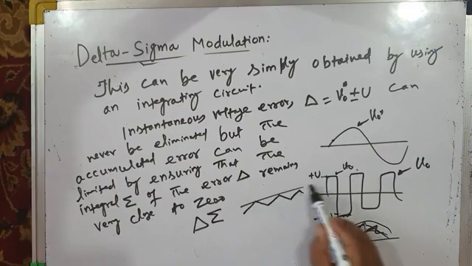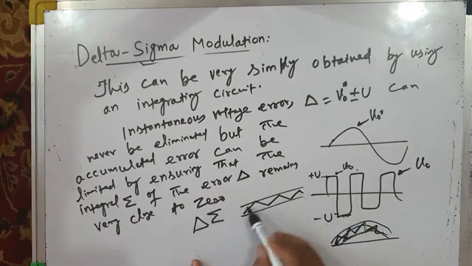You take the integration of the error delta, and that sigma of delta is maintained within a narrow hysteresis band, and hence direct control over the voltage is obtained.